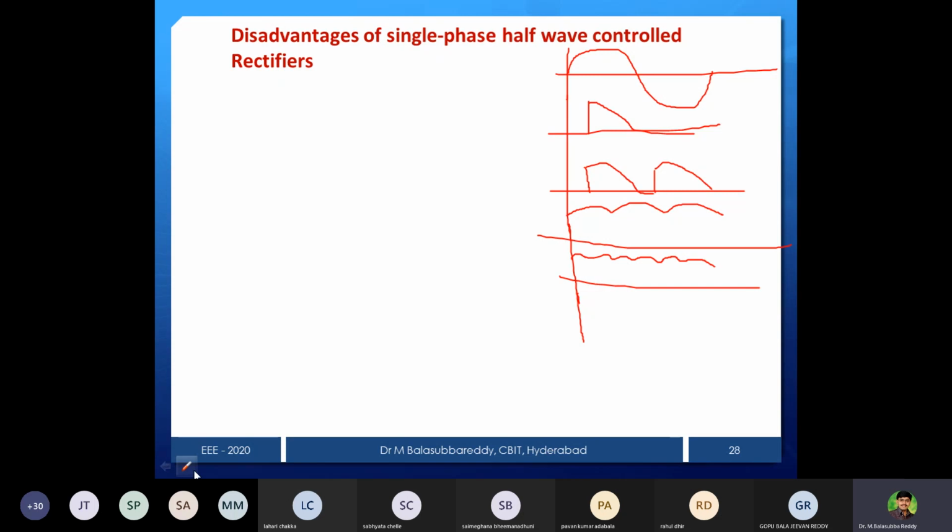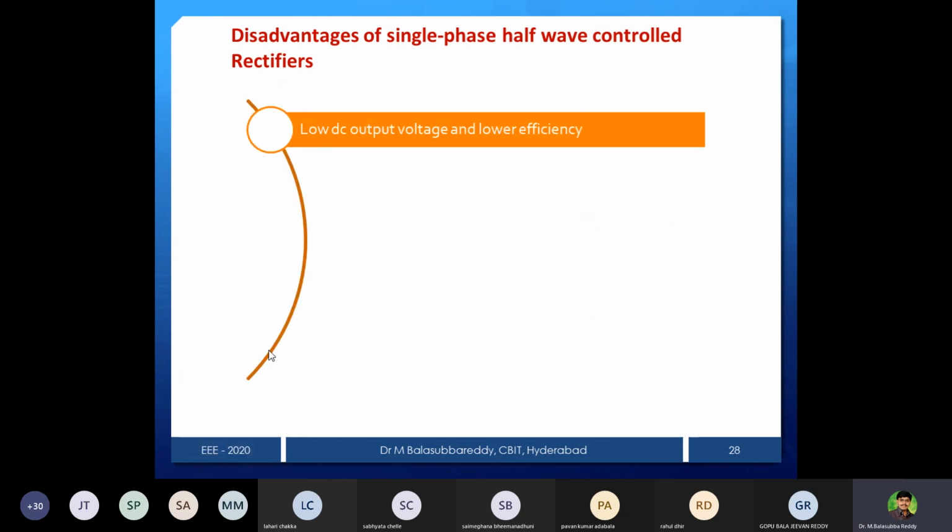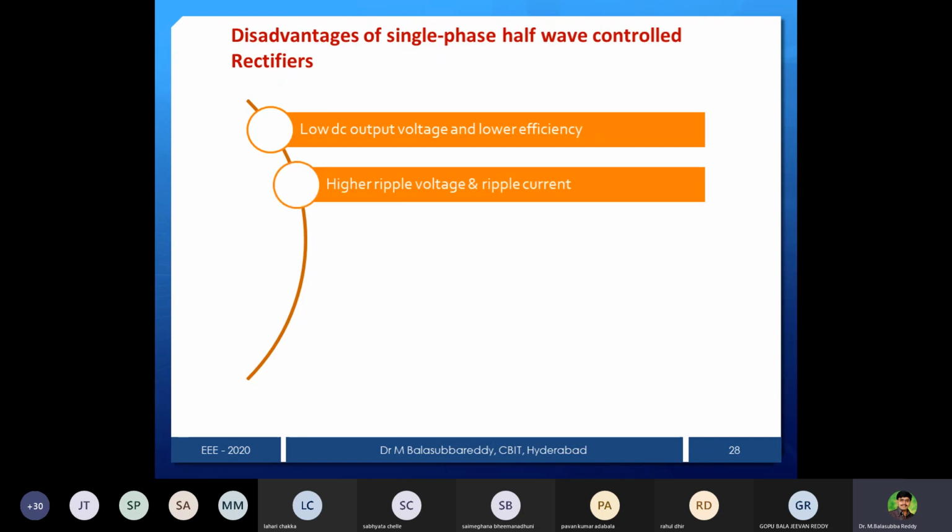Now we can see some of the disadvantages. One is low DC output voltage and lower efficiency, because we are getting only one pulse in the output. During the negative half cycle, you are not getting any output. That's why low DC output voltage.